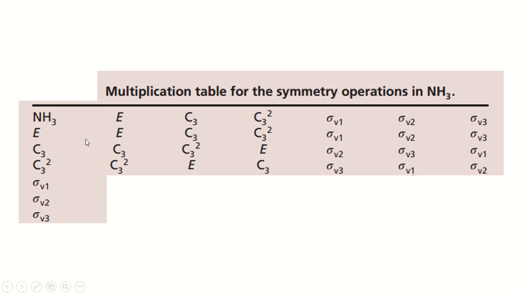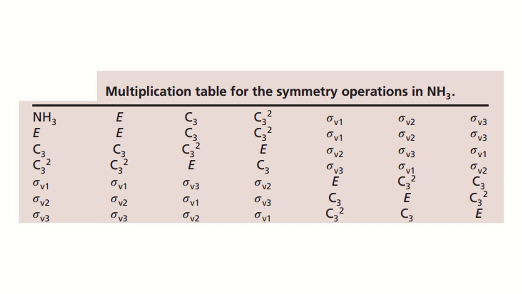Then we need to combine sigma V2 with sigma V2. What will happen if we apply sigma V2 two times? It will definitely yield the identity, as we have already discussed in detail. What happens when sigma V2 is combined with sigma V3? It yields the symmetry operation equivalent to C3 twice.